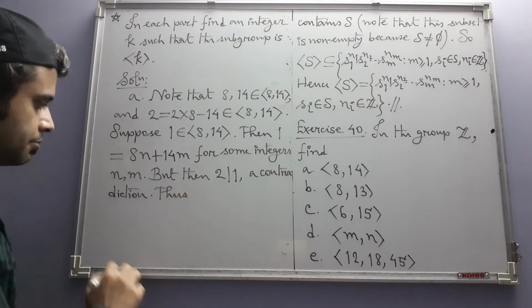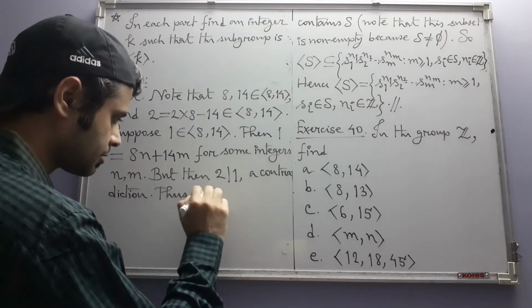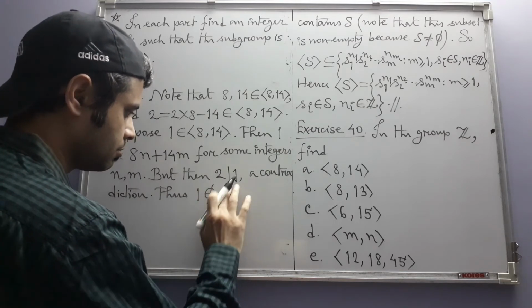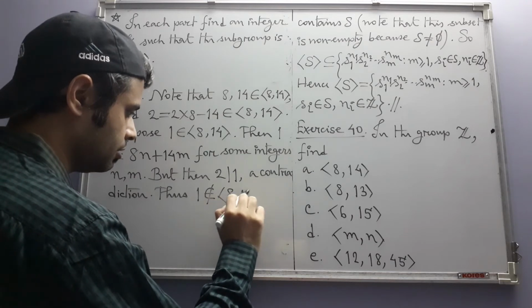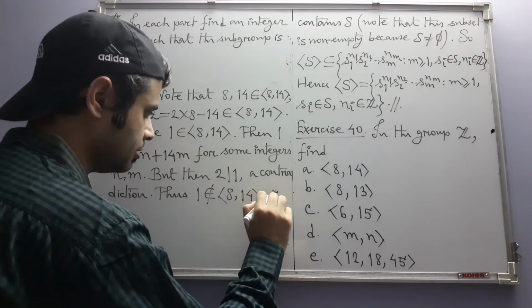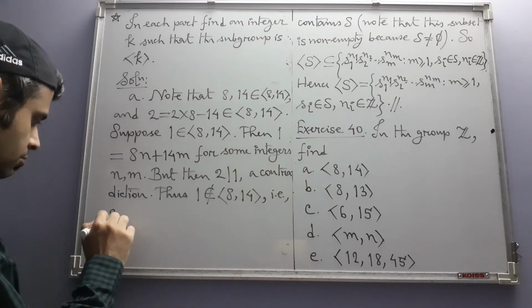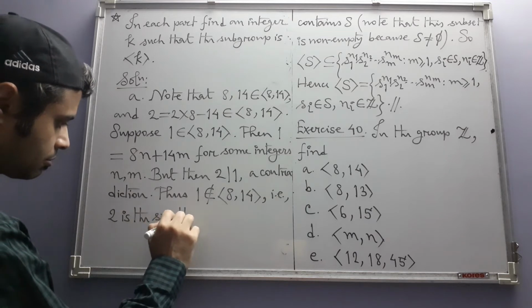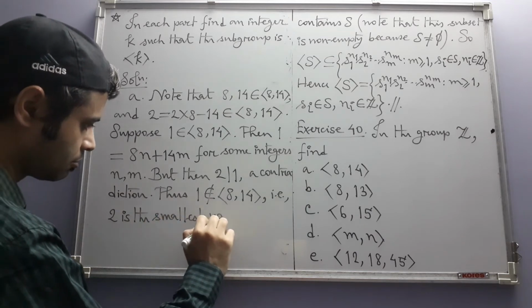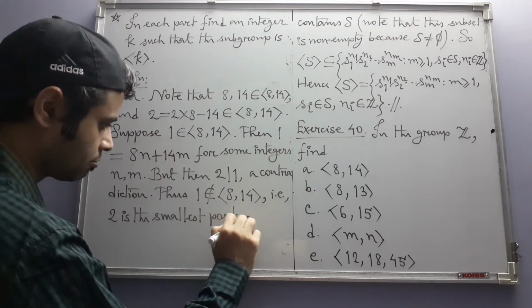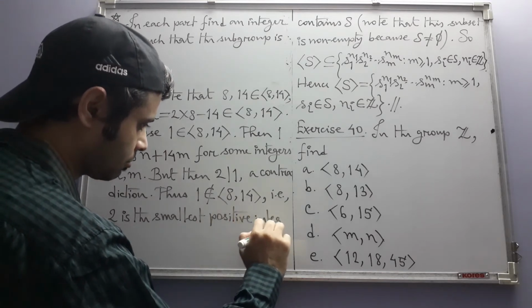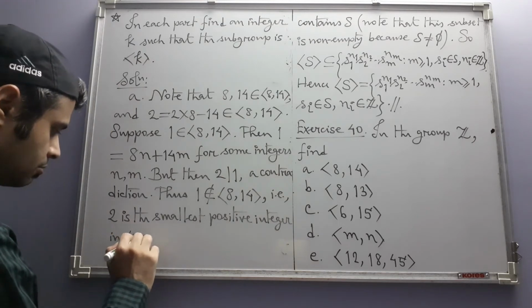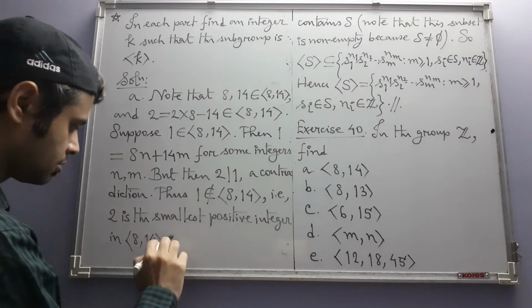Thus 1 does not belong to the subgroup generated by 8 and 14. That is, 2 is the smallest positive integer in this.